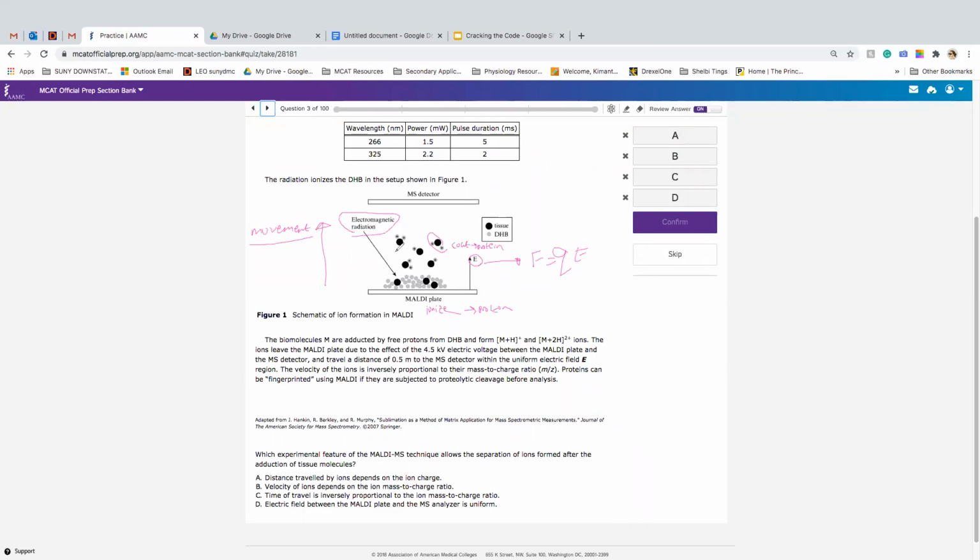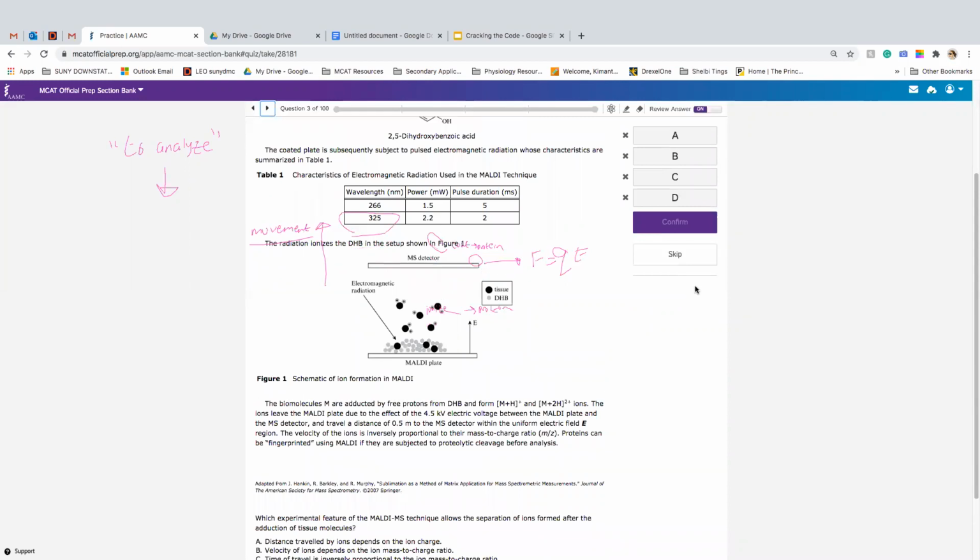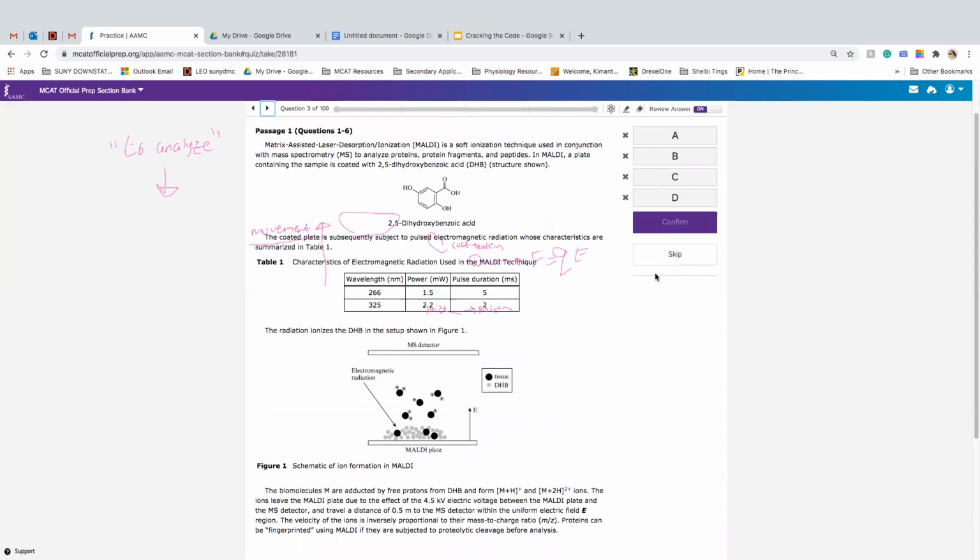Remember, do you remember what they were looking for us to analyze in this passage? Electronegativity? Is that what it was at the very top? So they said in the passage, there's something that they wanted you to analyze. I'll scroll up for you to take a look. I didn't read the passage. Right, so I got it right here in front of you. It's the first sentence: proteins, protein fragments, and peptides. All right, cool.